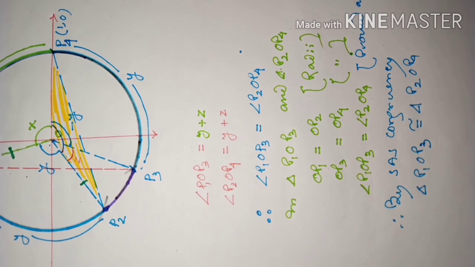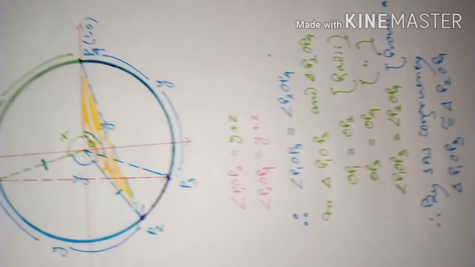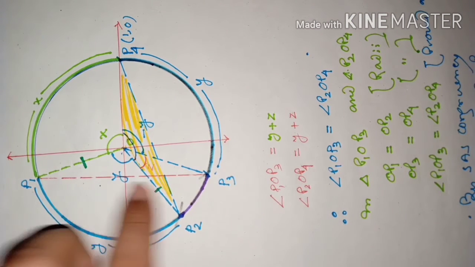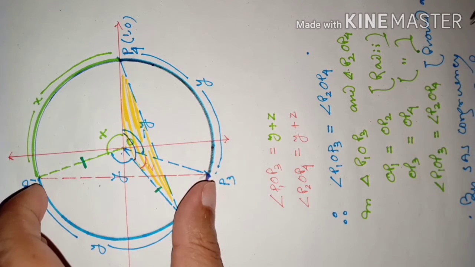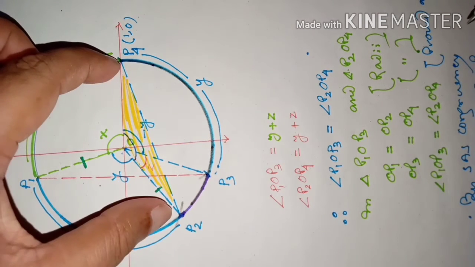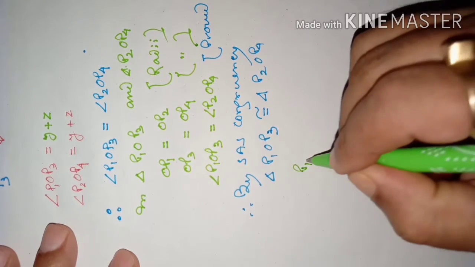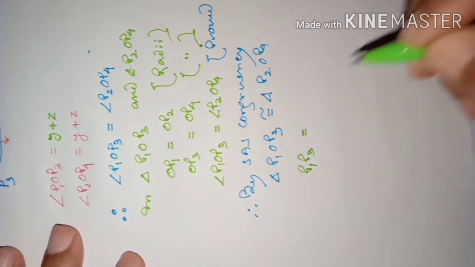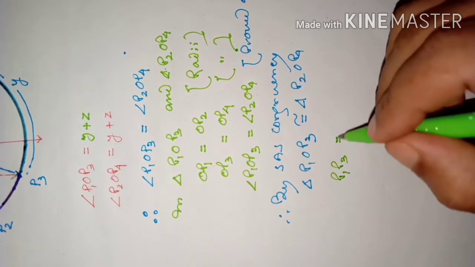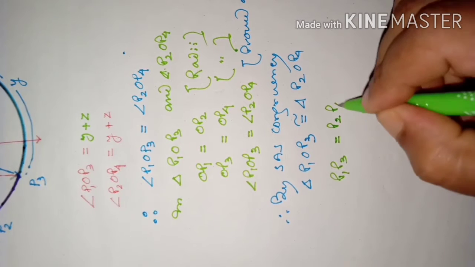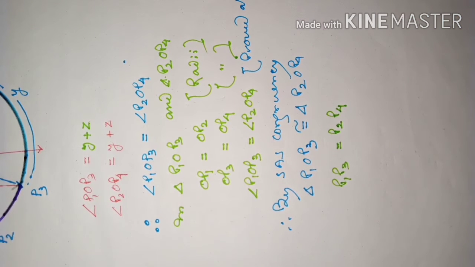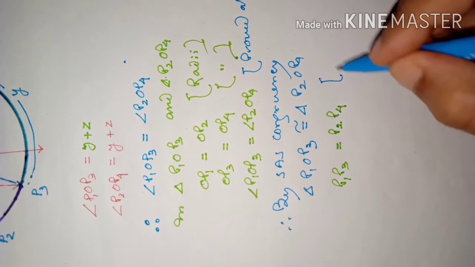Since the triangles are congruent, what conclusion can be drawn from here? That side P1P3, this line segment, will be equal to this line segment, by CPCT. P1P3 will be equal to P2P4. That is CPCT.